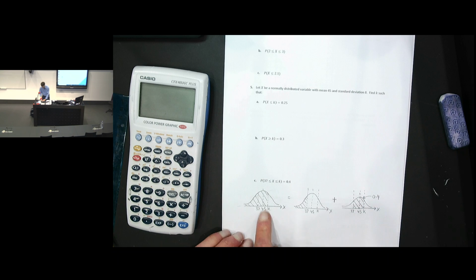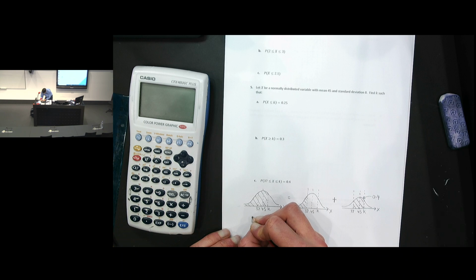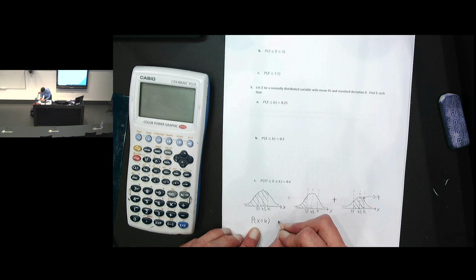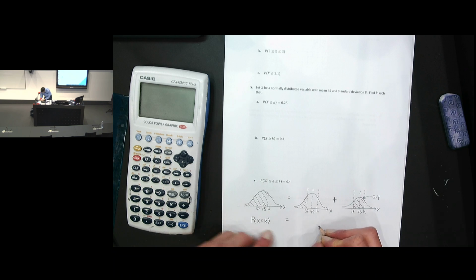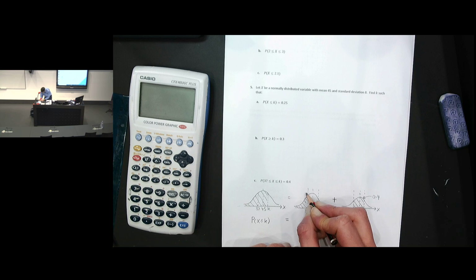So let's write this down. Instead of just using pictures, let's use maths. In maths terms, this is going to be the area under the graph from minus infinity up to k, in other words, the probability that x is less than this k. And then that is going to be equal to this area here, which is the probability that x is less than or equal to 37.